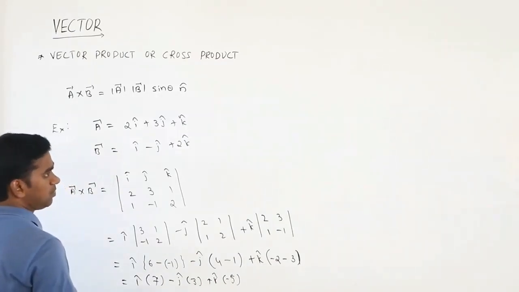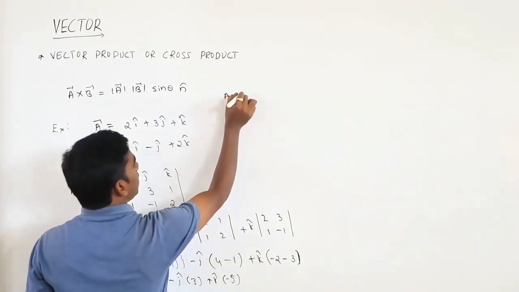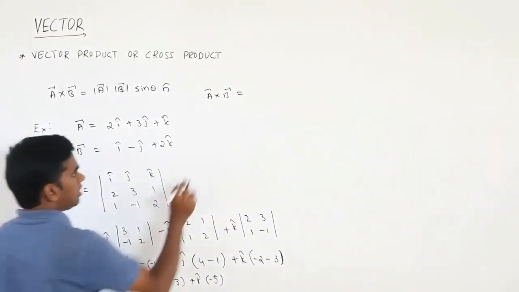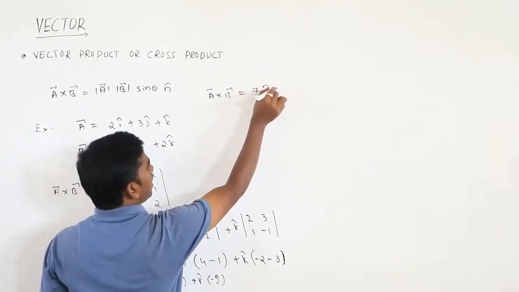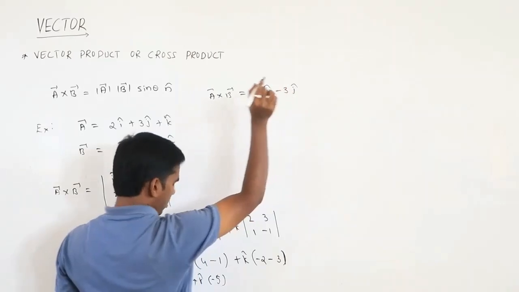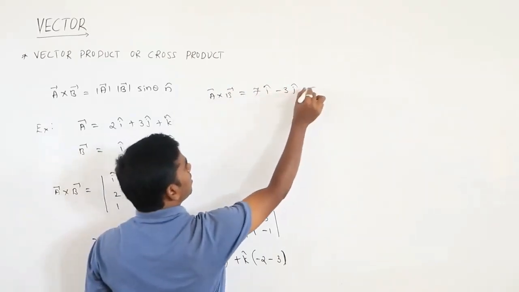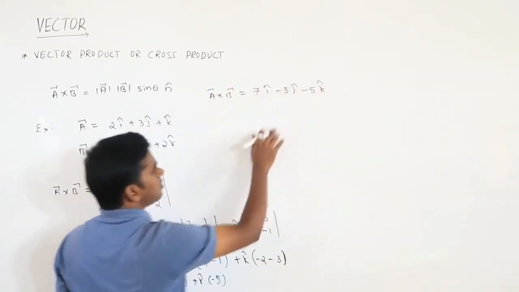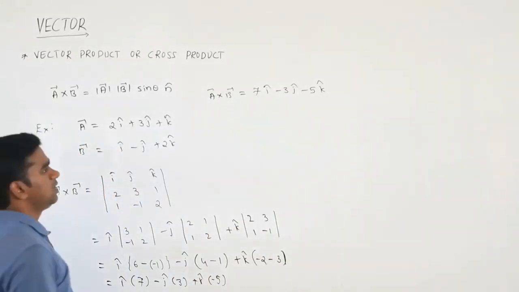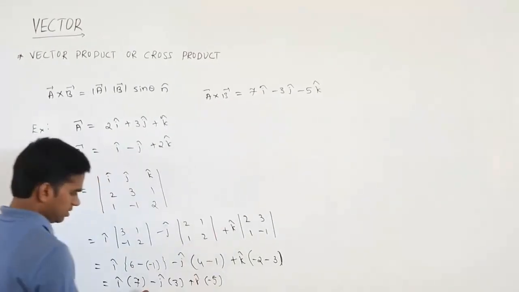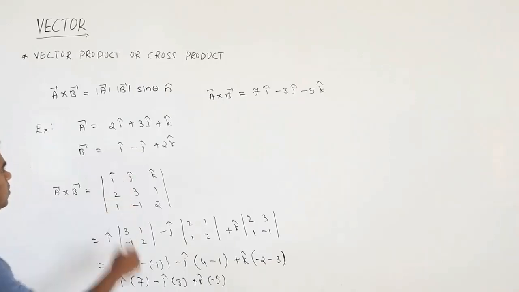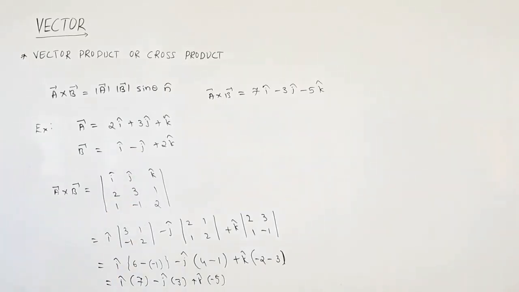A cross B, we got it as 7 I cap minus 3 j cap minus 5 k cap. Okay, so this is going to be your answer. A cross B equals 7 I cap minus 3 j cap plus minus 5 k cap. Okay, so this is the answer, A cross B.